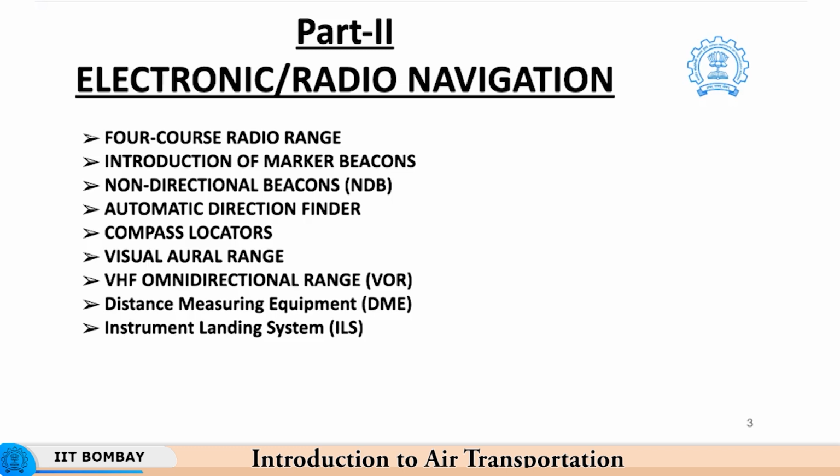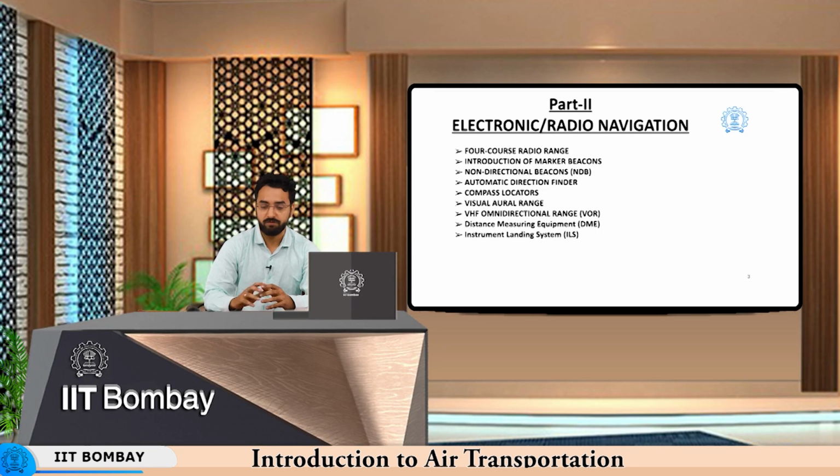Then we will look into the compass locator, the visual aural range radio navigation aid, and one of the most famous and most prominently used navigation aids, the VOR or VHF omnidirectional range. Subsequently, the presentation will be concluded with brief details related to the distance measuring equipment and the instrument landing system, which are a key part of carrying out navigation during the landing phase of any flight.